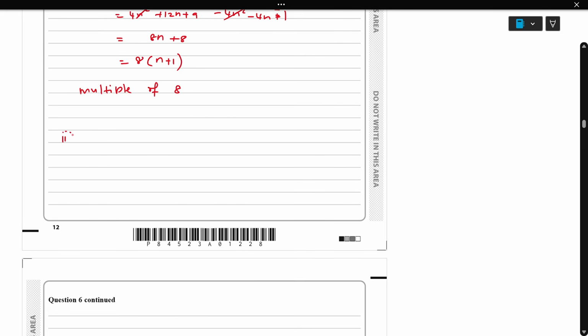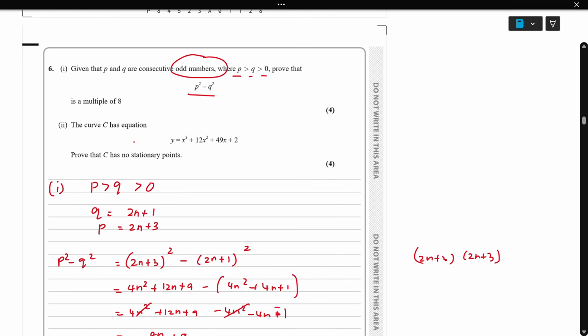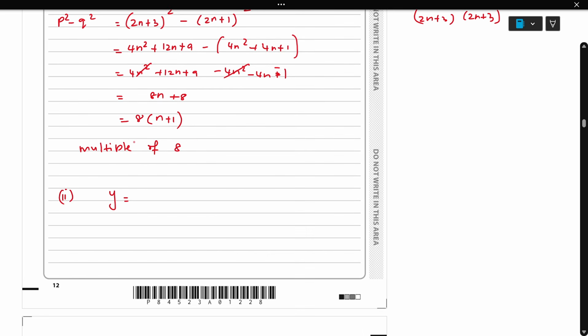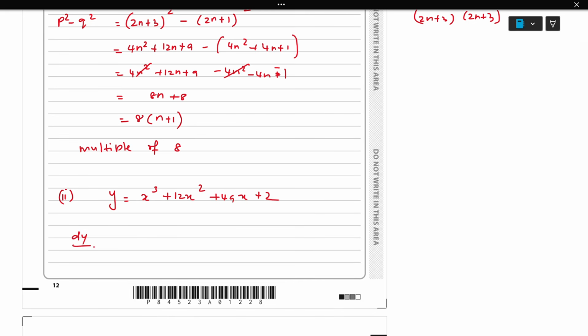So part 2, y equals x cube plus 12x square plus 49x plus 2. We need to find the stationary point. The first step is dy by dx equal to 0.